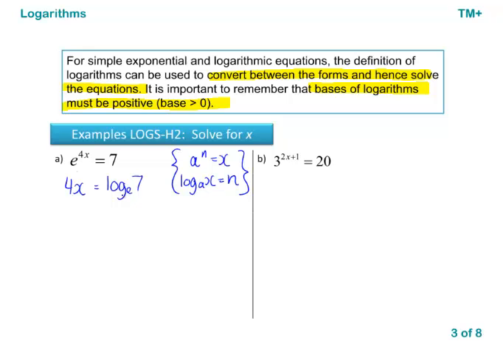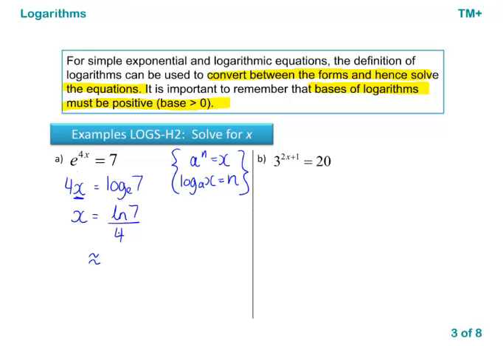Now x equals ln of 7 divided by 4. I'm just getting x on its own by dividing both sides by 4. That's something we can plug into our calculator.